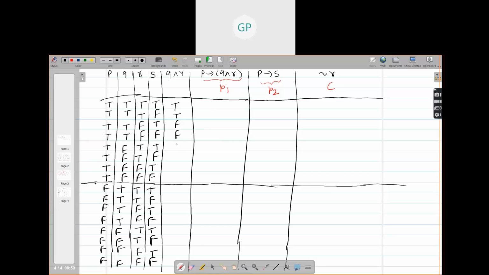Which rows will you have T in Q and R? These first two rows, because both are T, and here also both are T. See, 9th and 10th row, so here also TT will come. Otherwise it is false everywhere. Okay? Because it is conjunction. Conjunction is true only when both the statements are true.